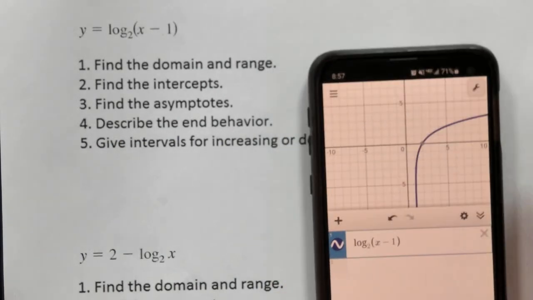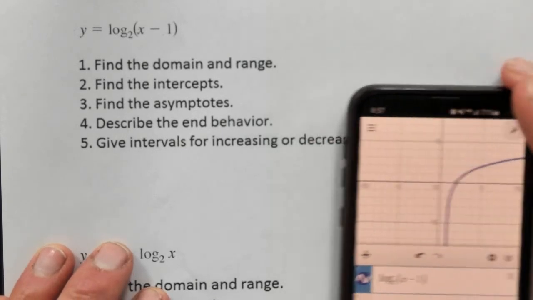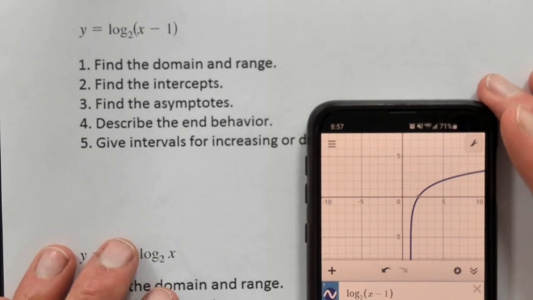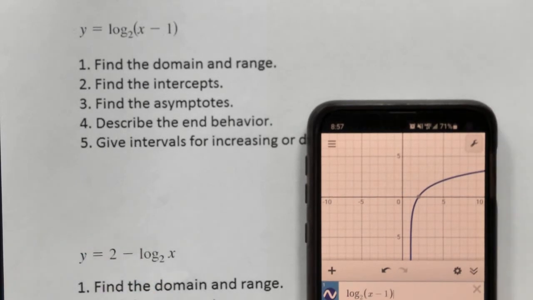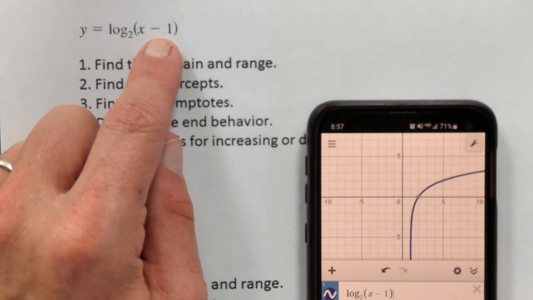All right, so on the graph now we can start looking for these different characteristics. And one thing that we will notice, and what we'll get into in the next section, is how the graph is moved in the transformations. And so remember, if I'm subtracting 1 directly from the x, that typically means that we're going to move 1 to the right.